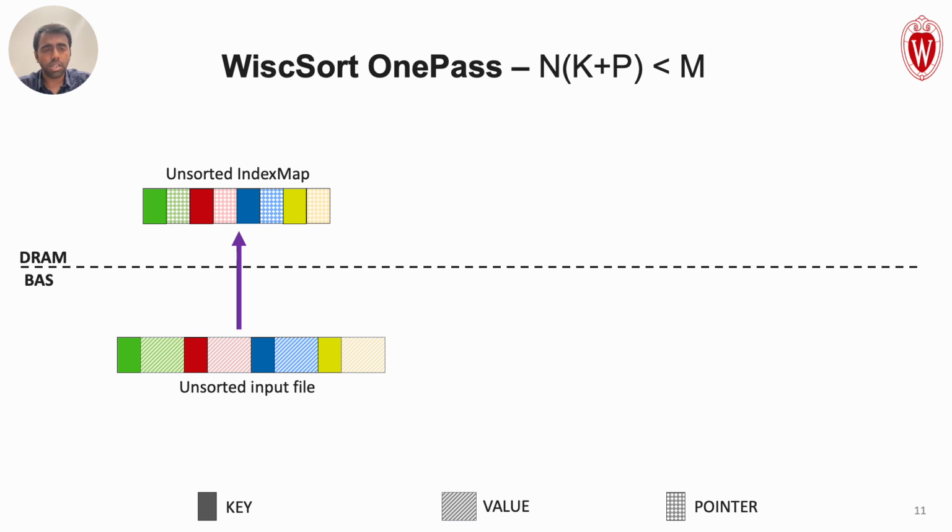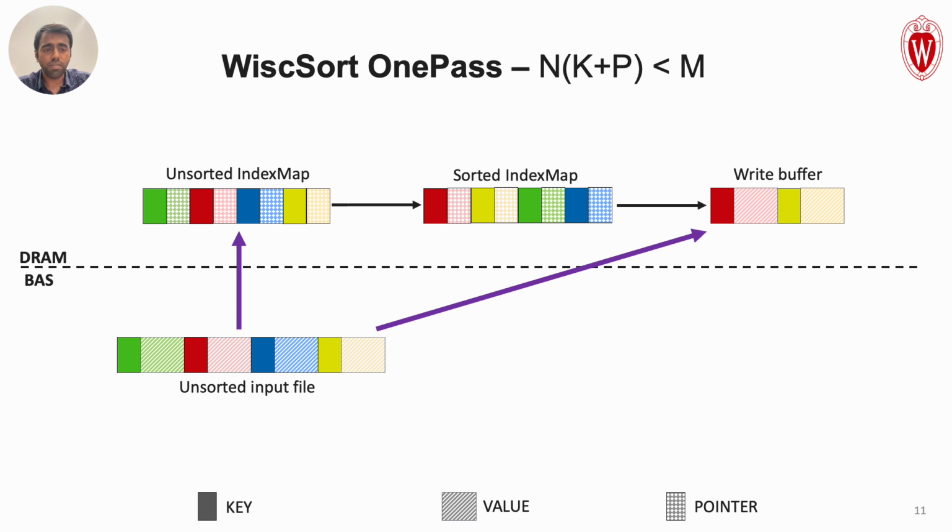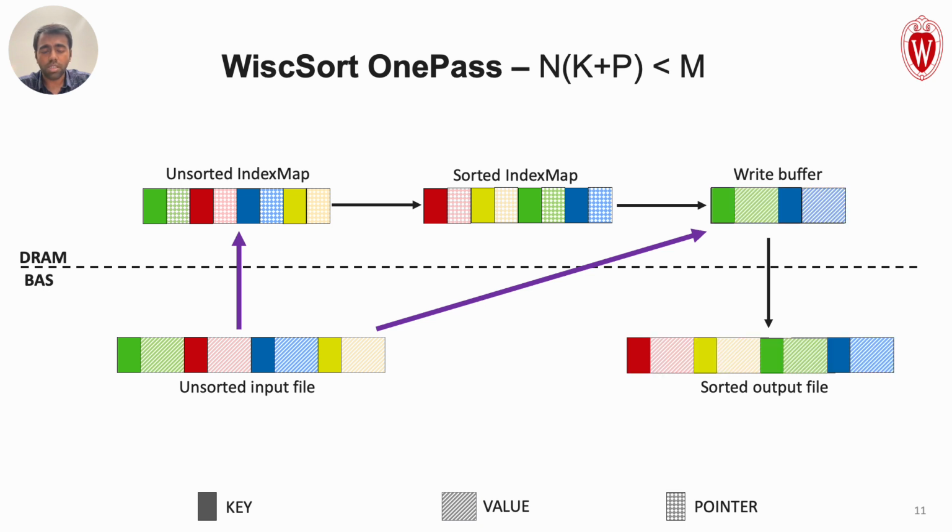Once we have the unsorted index map, we sort it and then gather the values dynamically from the unsorted input file on a need basis and fill the write buffer. Once the write buffer is full, we write it to the sorted output file. We repeat this step until the sorted output file is completely generated.